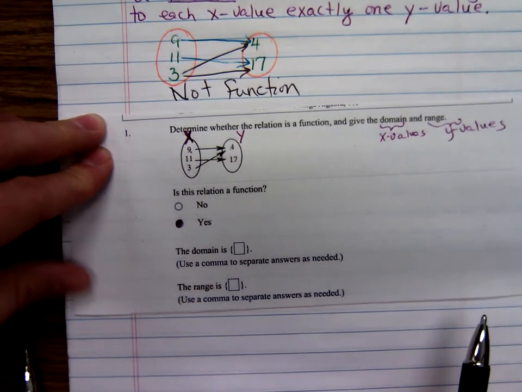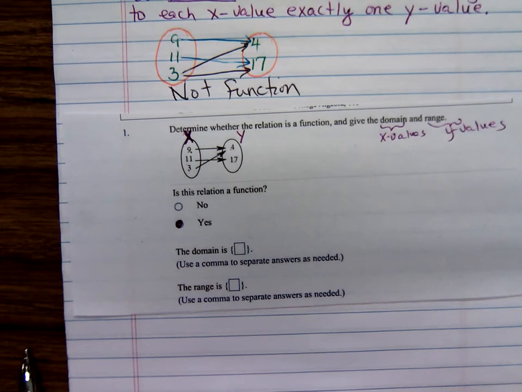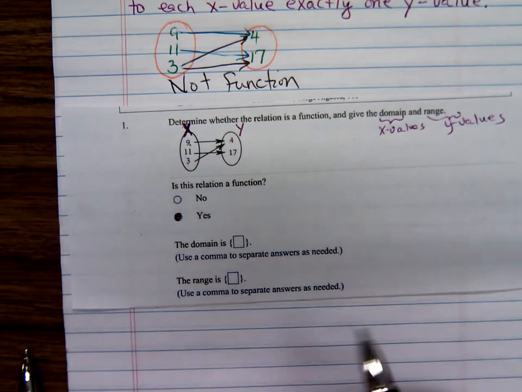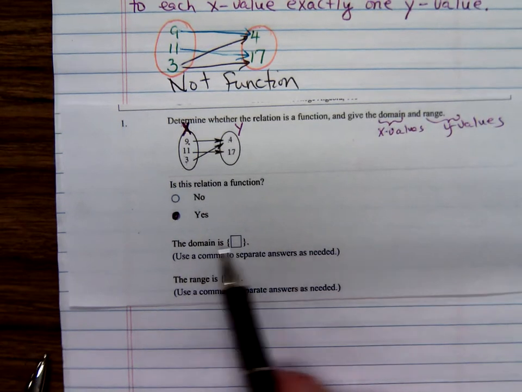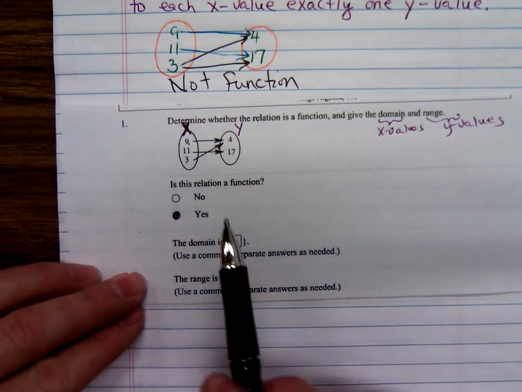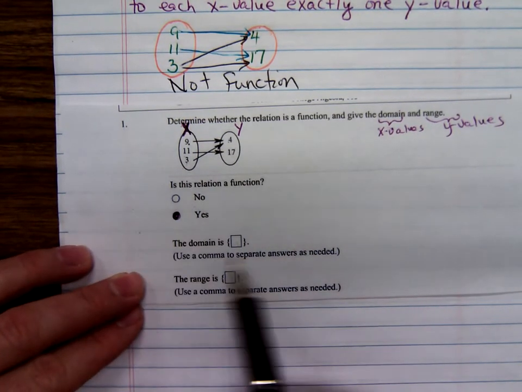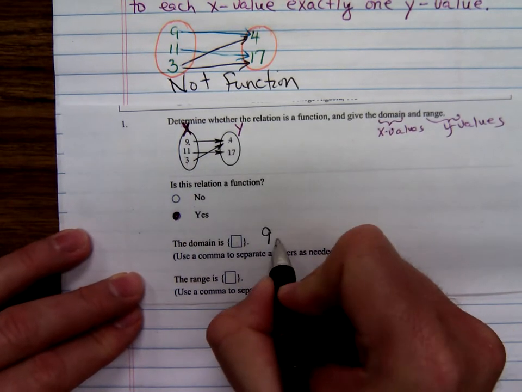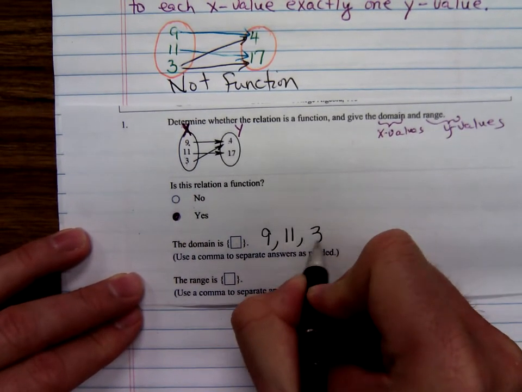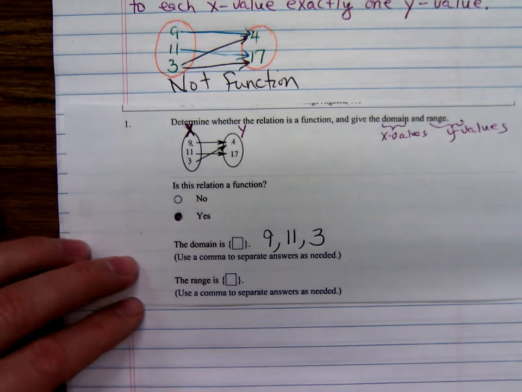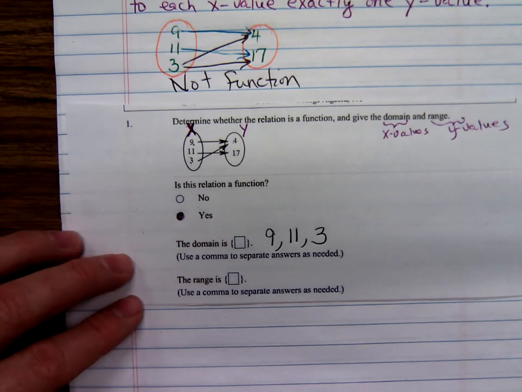And then it says, okay, find the domain and the range. Well, to type the domain, you're just going to write in or type in the x values. Use a comma to separate them. So you type 9, comma 11, comma 3. Probably it's best don't hit spaces. Okay.